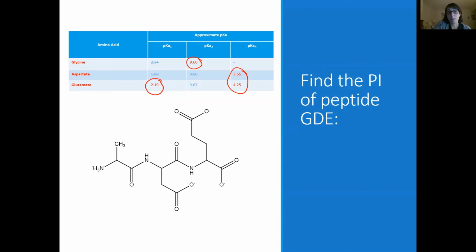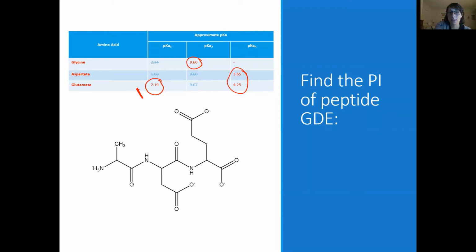So the next step to thinking about the pI of this peptide is to order the pKa's based on increasing pH. So you can see the first pKa is this pKa associated with the carboxylic acid. It has the lowest pH at 2.19.